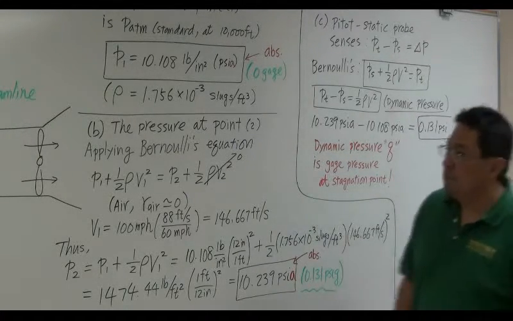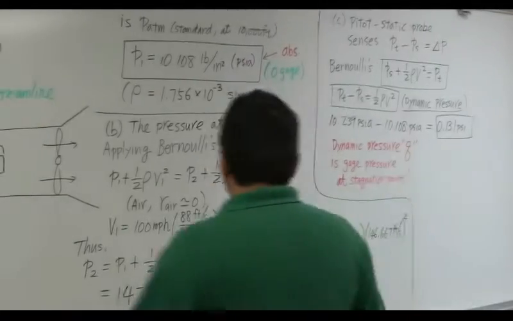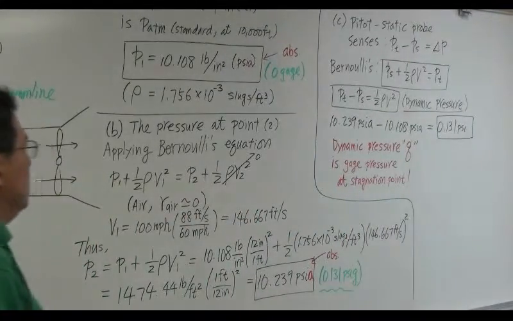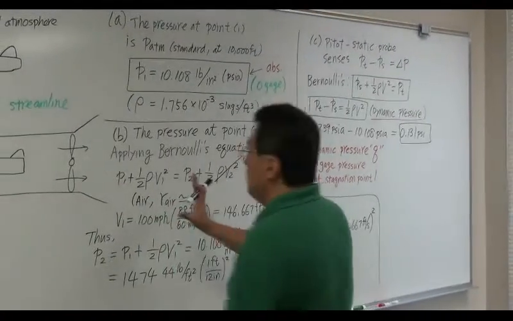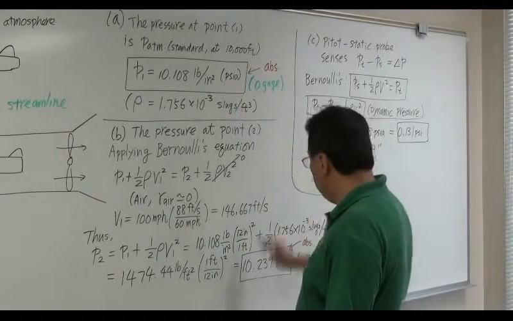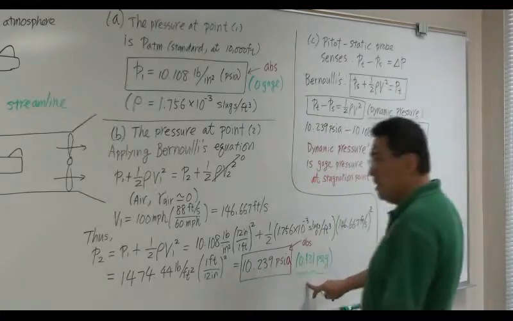So there are lots of ways to look at this problem, lots of different expressions you can find. You can solve this problem based on either absolute pressure or gauge pressure.